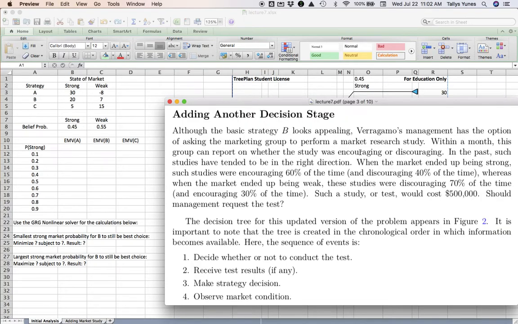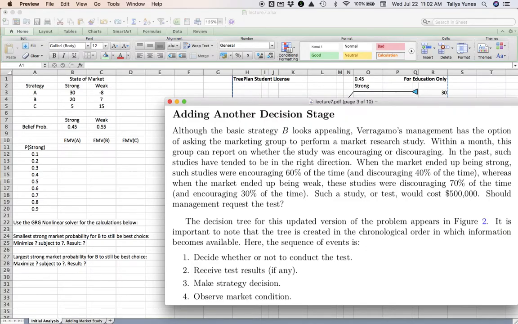We're going to think of encouraging as it sounding like the market will be strong, right? You have increased your belief in that. And we're going to interpret discouraging as it sounding like the market won't like this product.